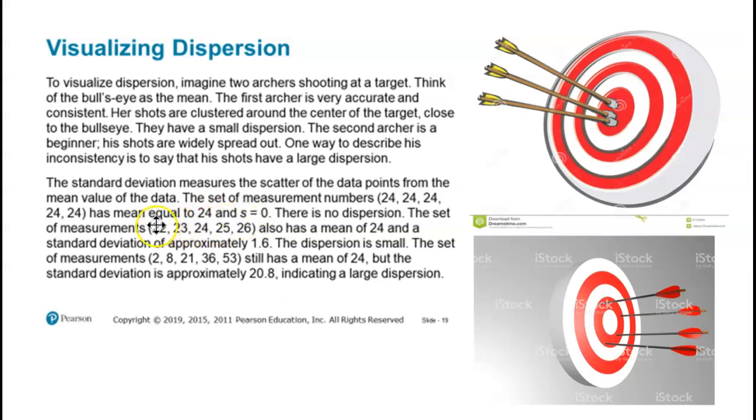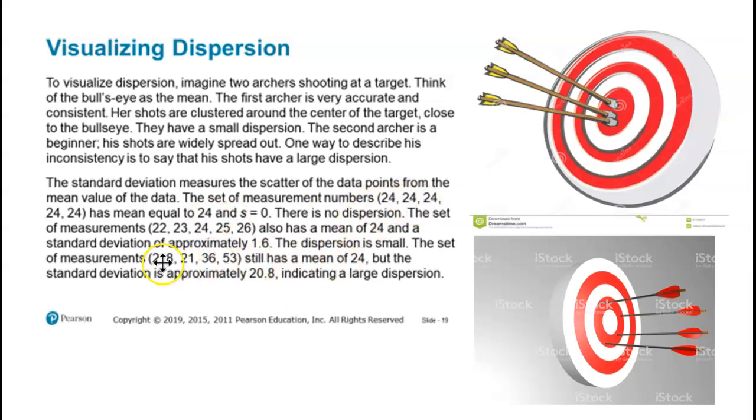Now if I take 22, 23, 24, 25, and 26, they also have a mean of 24, and their standard deviation is about 1.6 away from the average of this data set. It's not a very big dispersion, but it's greater than if they were all the same.